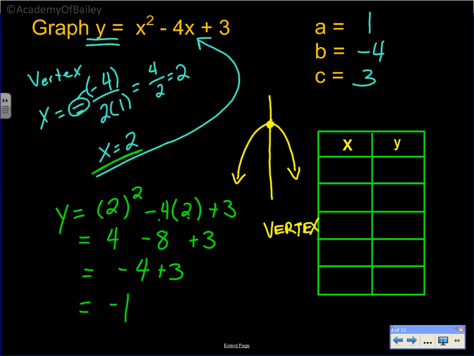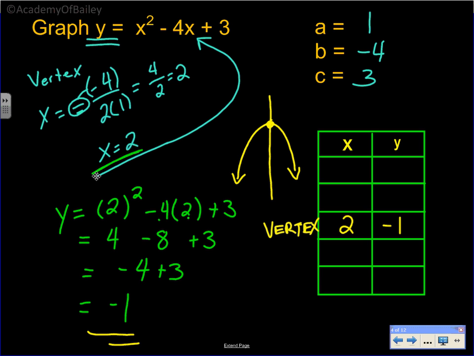And the line I just drew in there was your axis of symmetry. So x was 2, y is negative 1. And that's how you find the vertex.